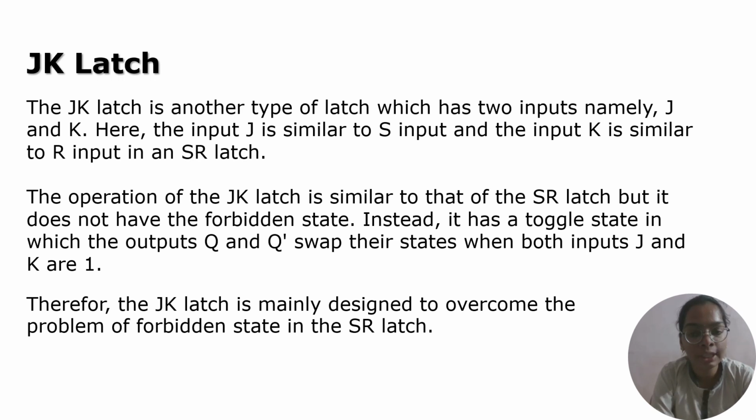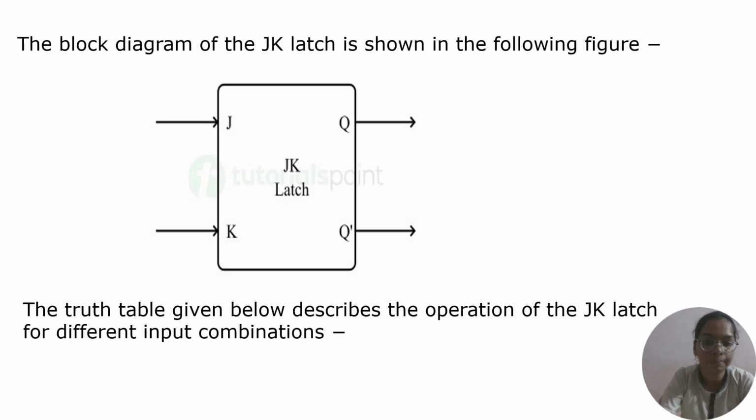The operation of the JK latch is similar to that of the SR latch, but it does not have a forbidden state. Instead, it has a toggle state, in which the output Q and Q bar swap their state when both the inputs J and K are 1. Therefore, the JK latch is mainly designed to overcome the problem of forbidden state in the SR latch.